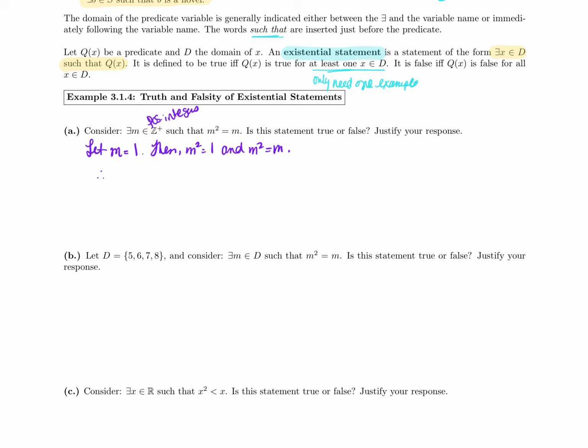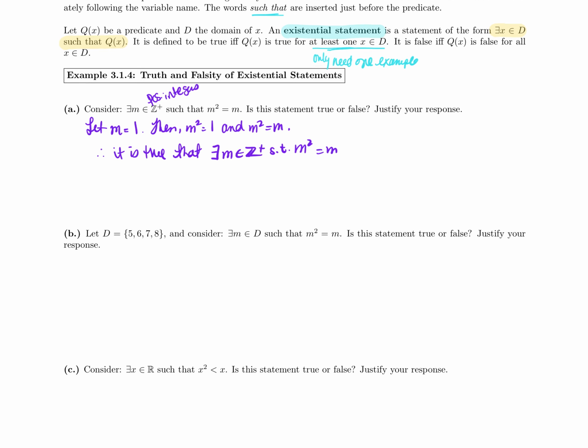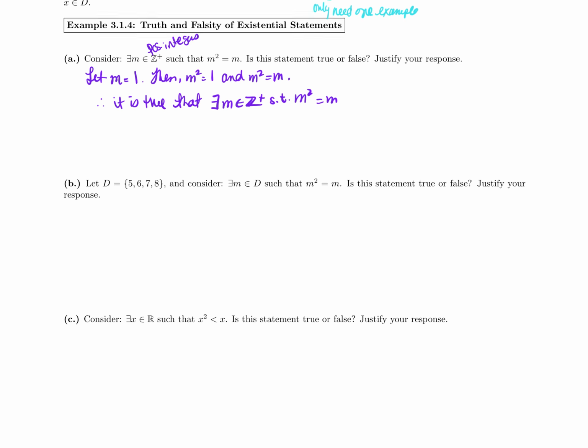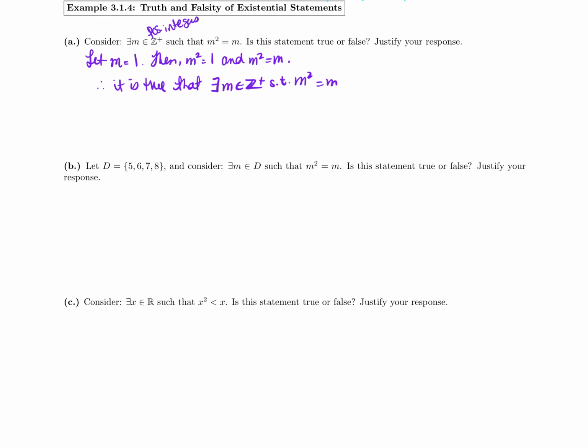So therefore, it is true that there exists some m in the set of positive integers such that m squared is equal to m. It is a true statement. Okay, that's not terrible. Let's try a couple more. Let's look at a finite domain for B.